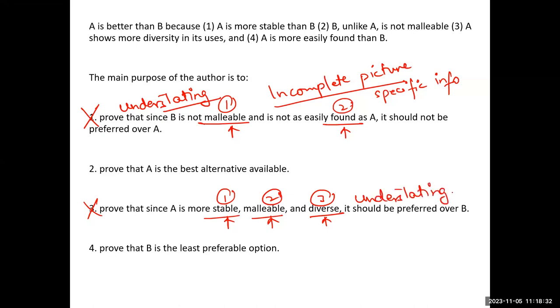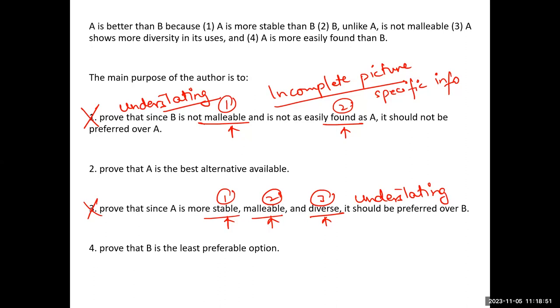Did both of you understand what is the meaning of understating the main idea? Yes, sir. Whenever the author picks up some specific information from the passage and tries to pass it off as the entire picture, that is understating.